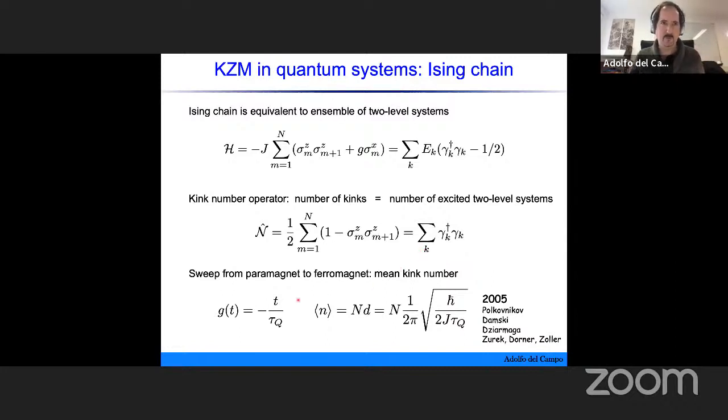One needs to do small approximations, but when you vary the magnetic field in time from a large value to a small value, so that you go from the paramagnetic phase to the ferromagnetic phase, then you can compute the expectation value of the kink operator in the final non-equilibrium state.